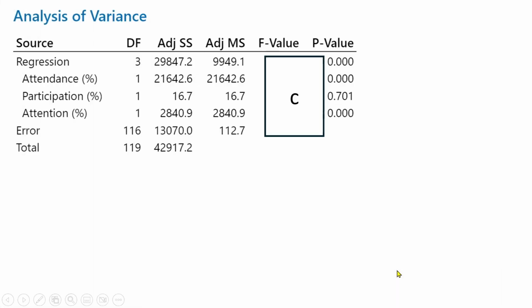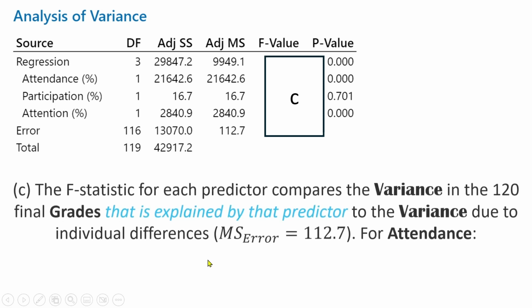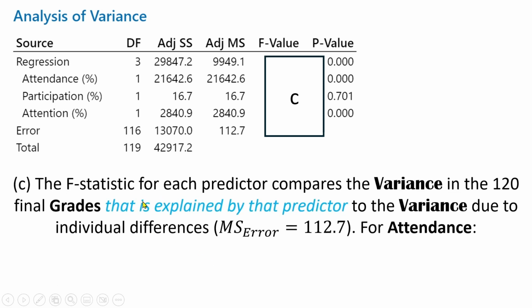And finally, the F statistic. The F statistic is always a ratio of variances. The F statistic for each predictor compares the variance in the 120 final grades that is explained by that predictor to the variance due to individual differences.